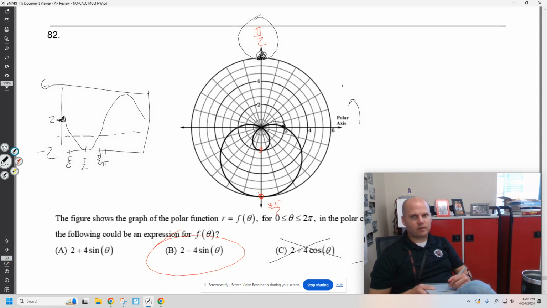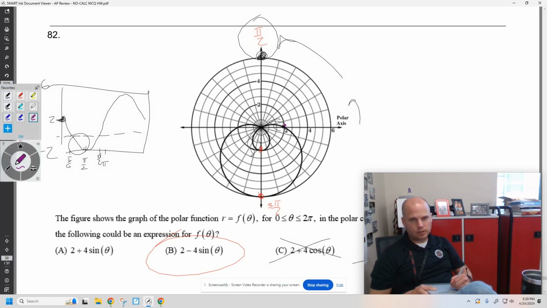Pi over 6 to pi over 2. We have negative radiuses that are increasing until they get to negative 2. This is how the graph is sketched. Pi over 2 to 5 pi over 6.